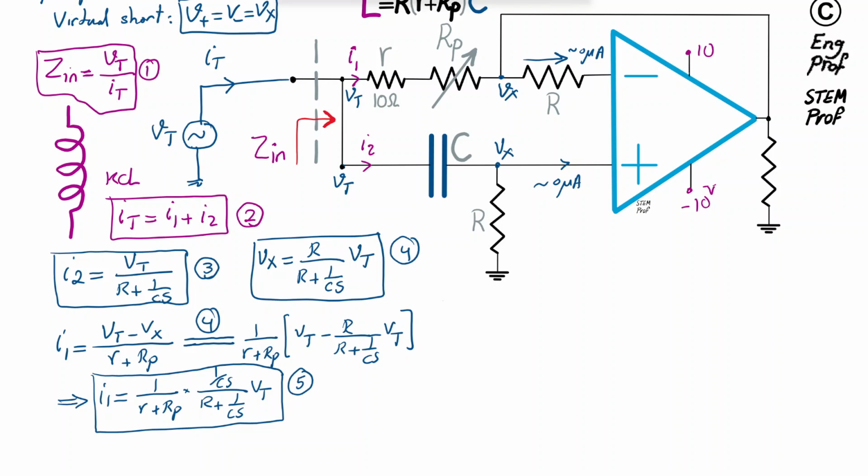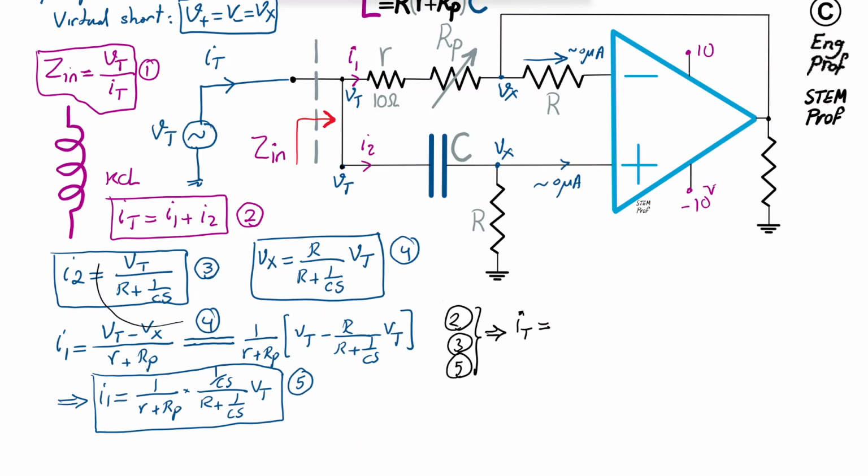Okay, what else can we write? Well, we found I1, we have equation 2. We found in equation 3 I2 as a function of Vt. We found in equation 5 I1 as a function of Vt. So basically, let's combine equation 2, and substitute for the values of I1 and I2 using equations 3 and 5. Using these three equations, I can say Itest is equal to I1, which is the one that we have here, plus I2, which is here.